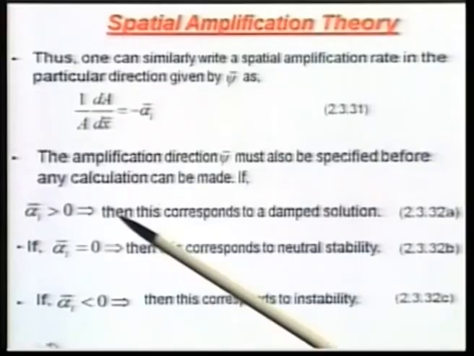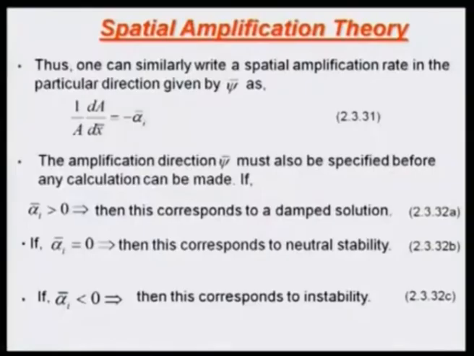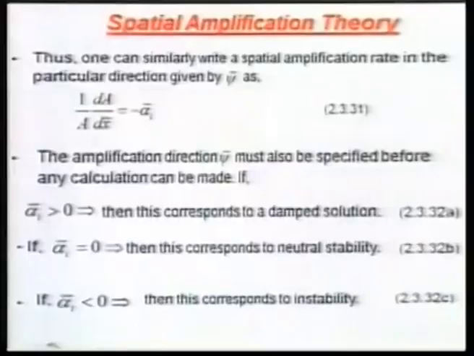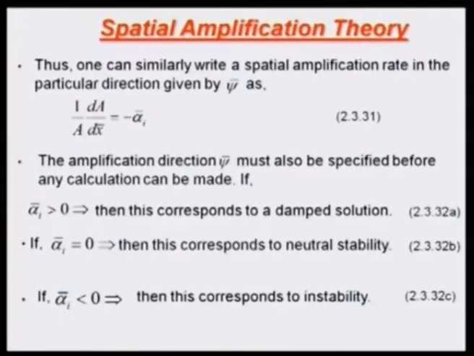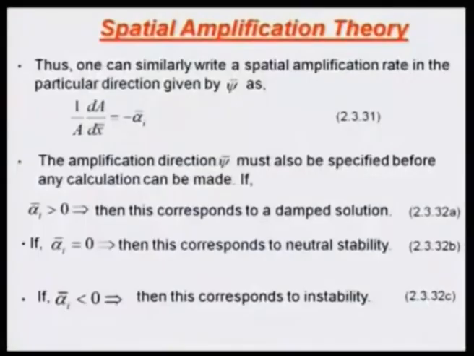So, if alpha I bar happens to be positive, then that would be a decayed solution, right? While alpha I bar equal to 0, then we have neutral stability. And of course, if alpha I bar is less than 0, then we have instability.